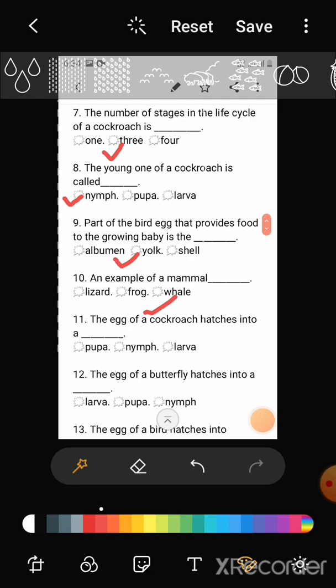Next, the egg of a cockroach hatches into a dash. Given options are pupa, nymph, and larva. And the correct answer is nymph.